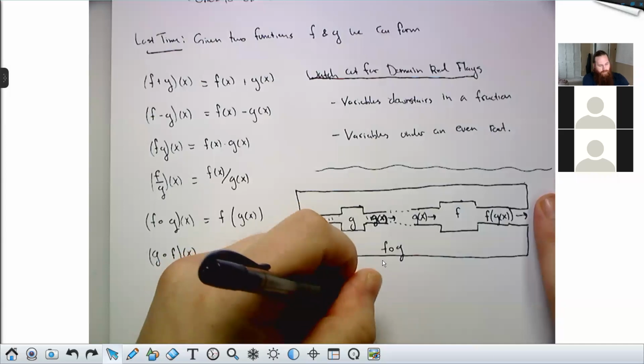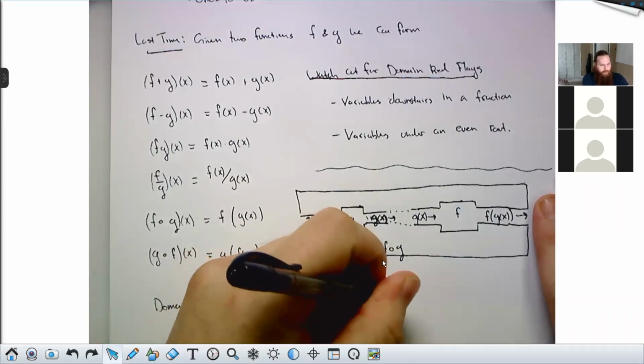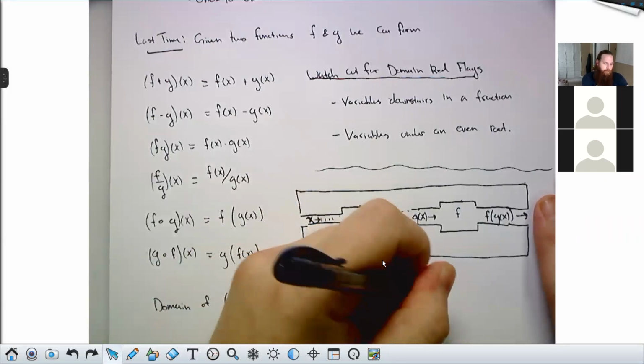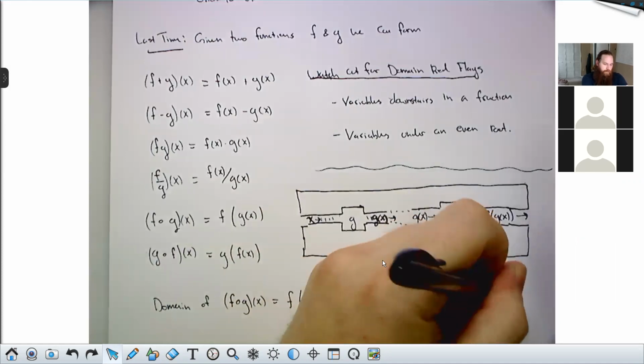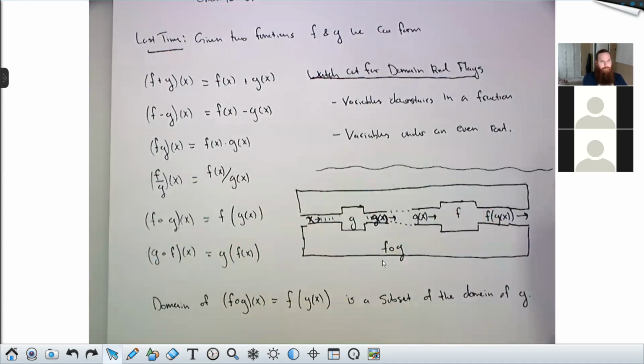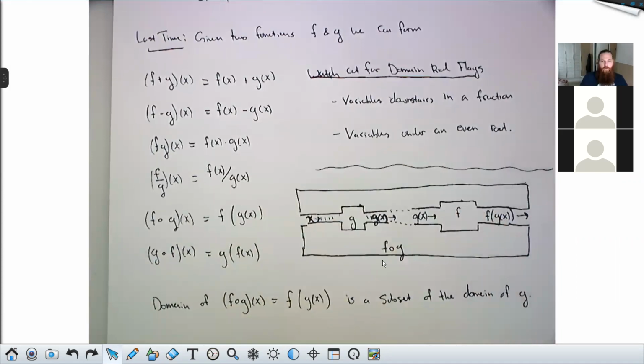So it is a subset of the domain of g. You take the stuff that you could use as an input for g, and those things are possible elements of the domain of the composite.